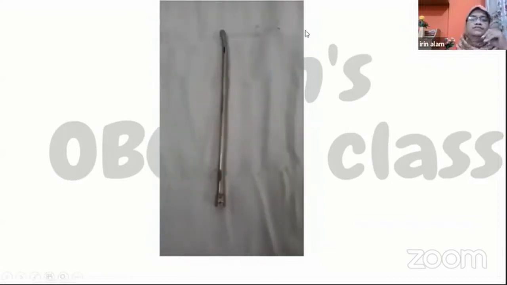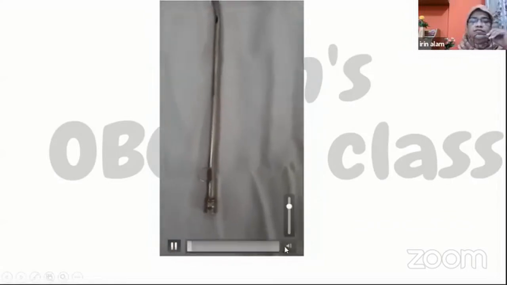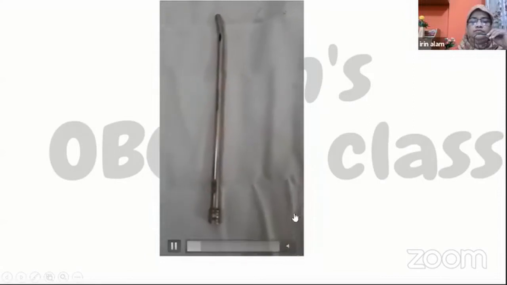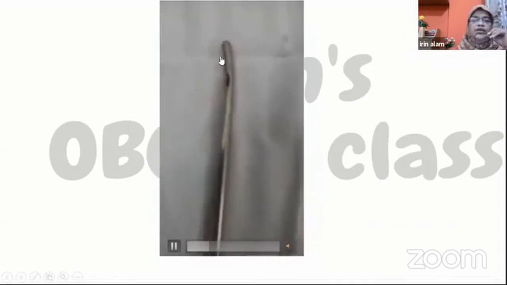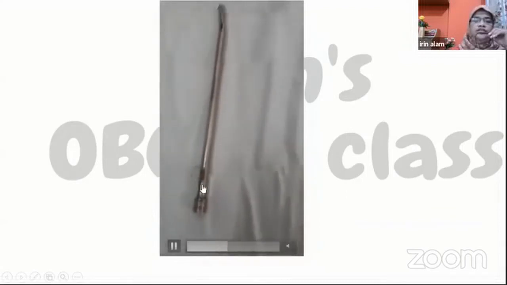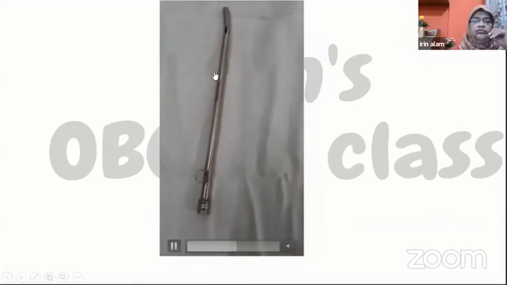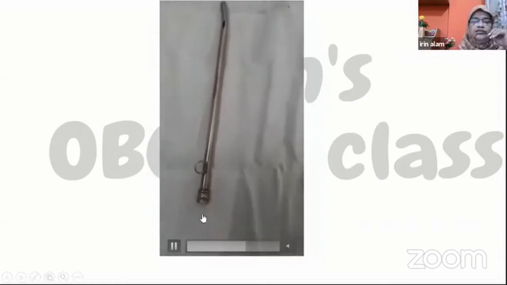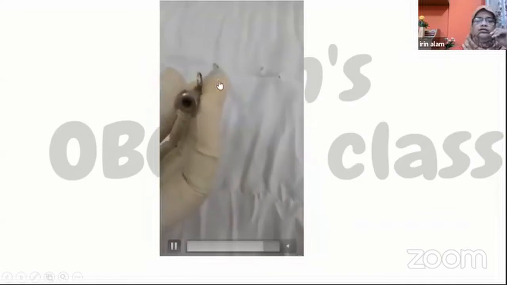What is this? This is a female metallic catheter. This end is perforated, and urine comes through it, and there is a guard.